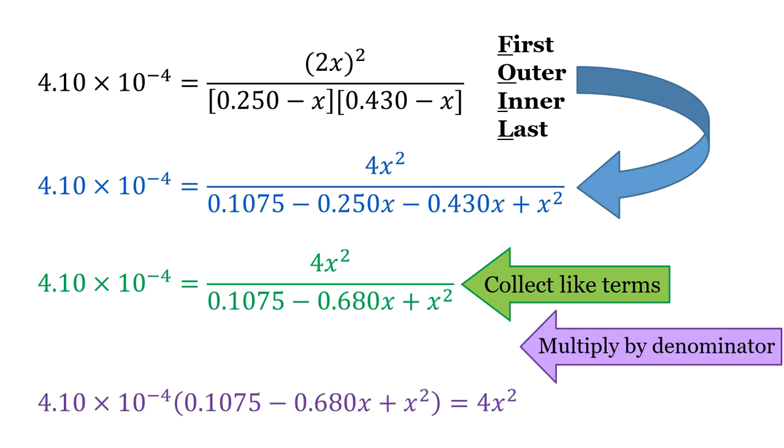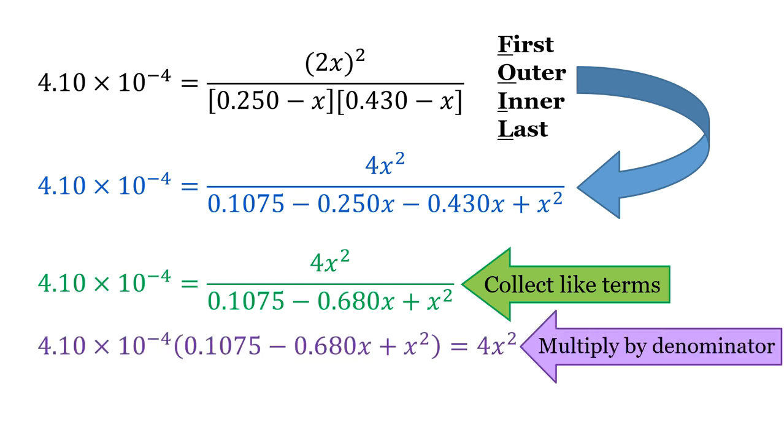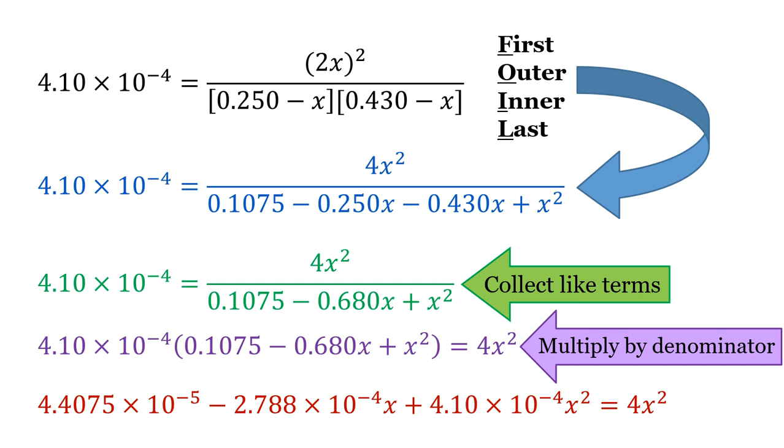Next, we need to clear the denominator, which we can do by multiplying both sides by the denominator to get the purple equation. Finally, we have to distribute 4.10 times 10 to the negative fourth to get the final red equation here.